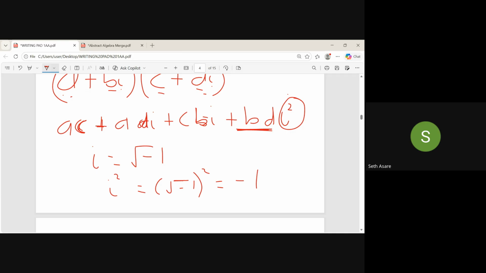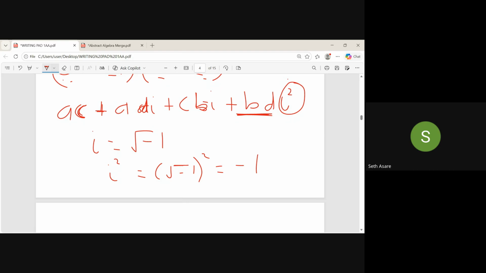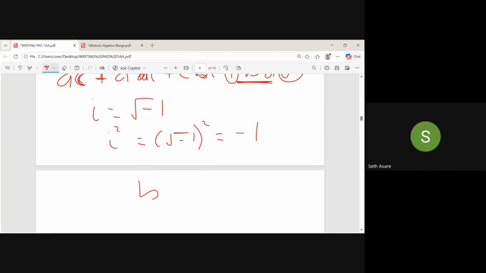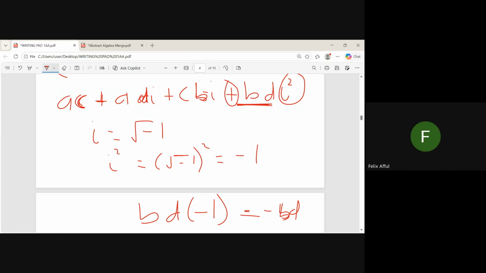So it will convert this sign here into what? Negative. Do you agree? Yes, sir. Because if I have BD multiplying by -1, won't it be negative BD? Yes, sir.